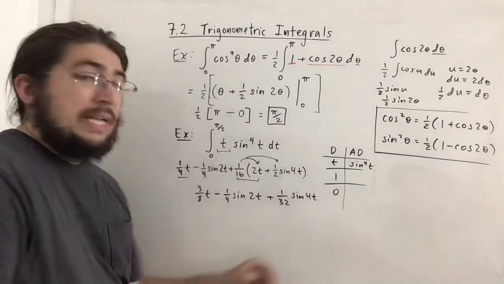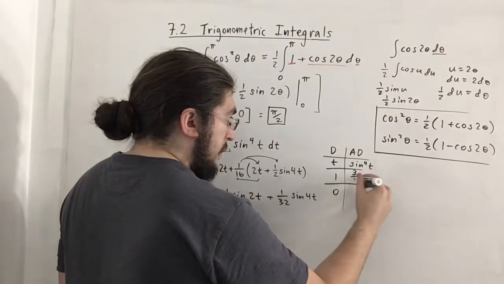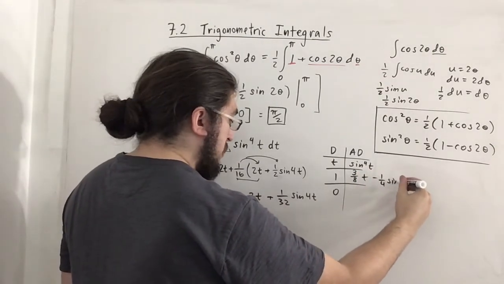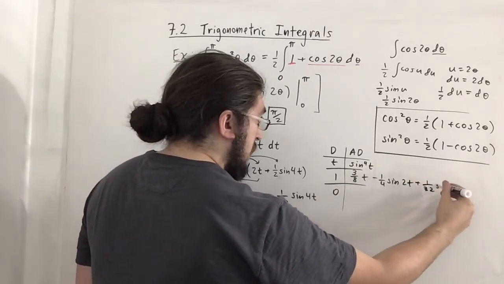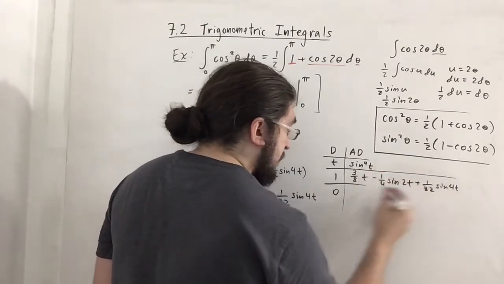Okay. So that's the second entry here. So it's again 3/8 t minus 1/4 sine of 2t plus 1/32 sine of 4t, which is pretty crazy.